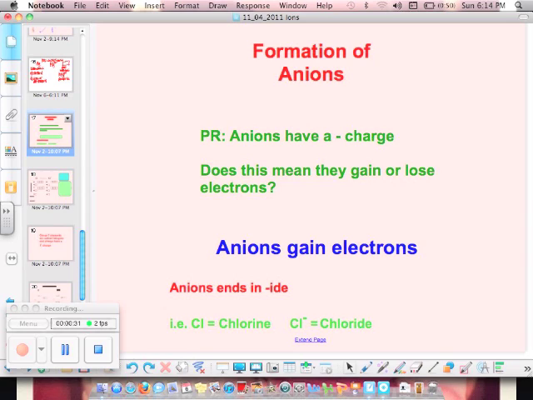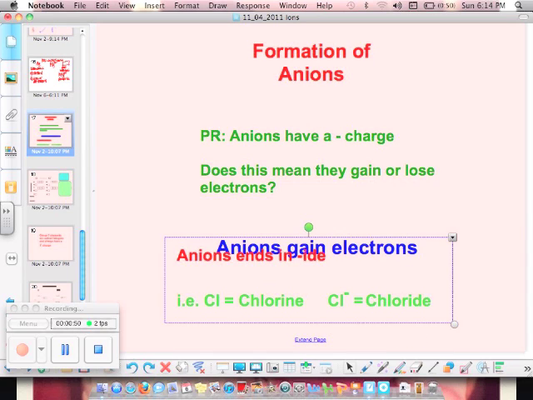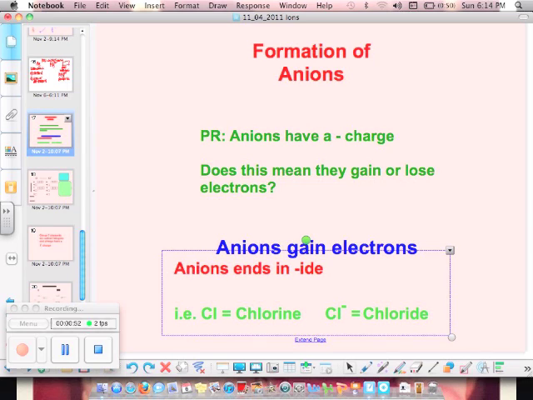Now, the way we name our anions is slightly different from our cations. Whereas with our cations we just added the word ion at the end, with our anions we're actually going to change the suffix. So chlorine, which is Cl, is actually going to change to chloride.